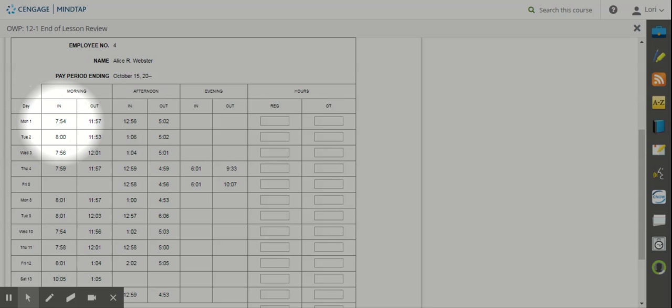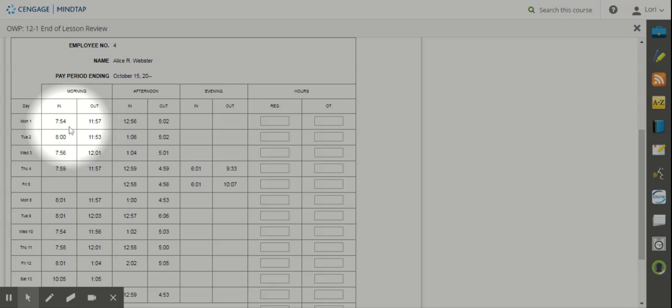at 7:54, that will round to the nearest quarter, meaning it's going to round to either the o'clock, 15, 30, or 45. So what is 7:54 closest to? 8. What is 11:57 closest to? 12.